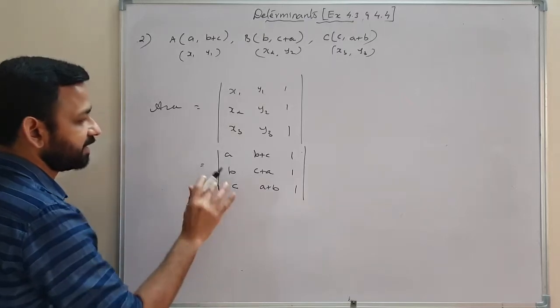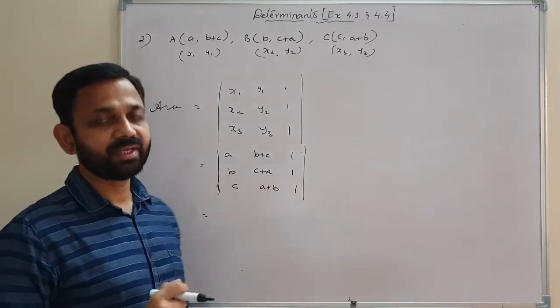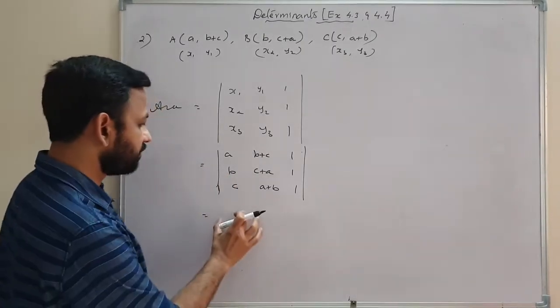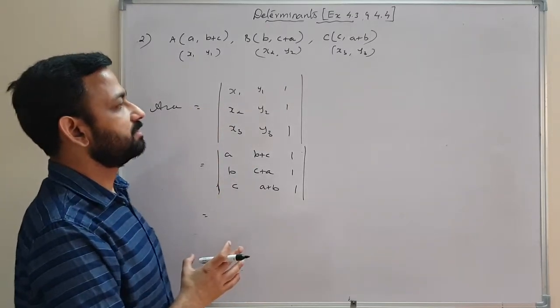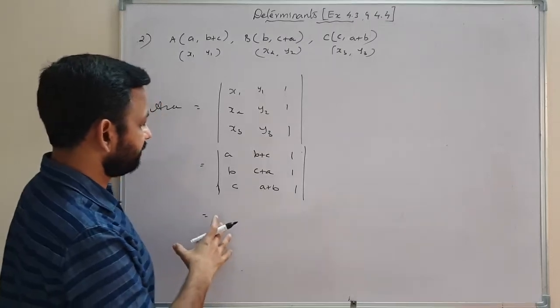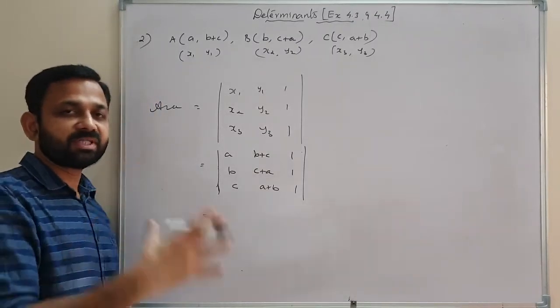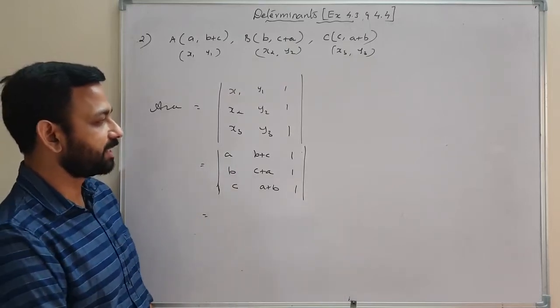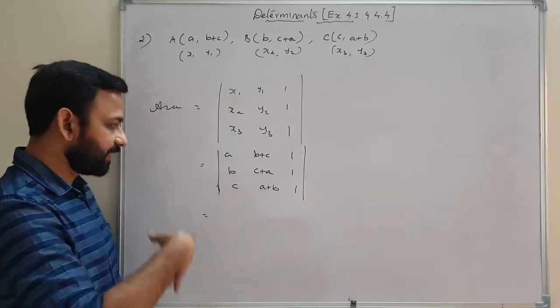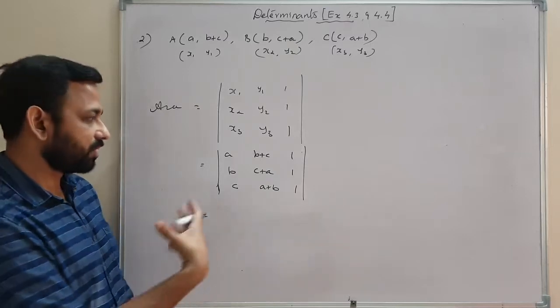Now we have to find the value of this determinant, and if that value is equal to 0, we can say it is collinear. If it is not equal to 0, the 3 points are not collinear. When we find the value of the determinant, we can expand by any one row or any one column.